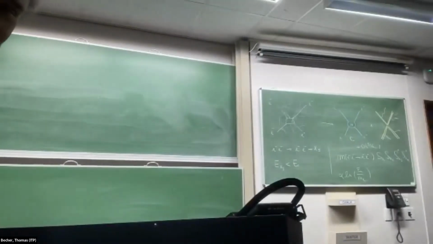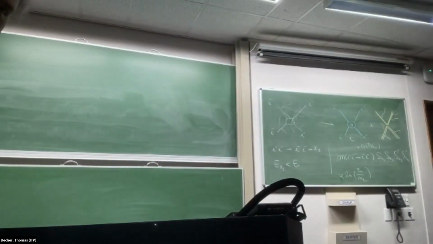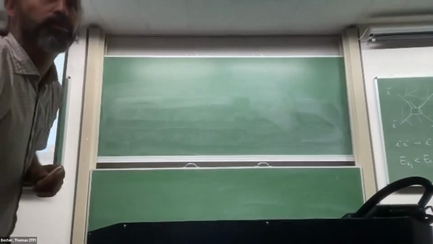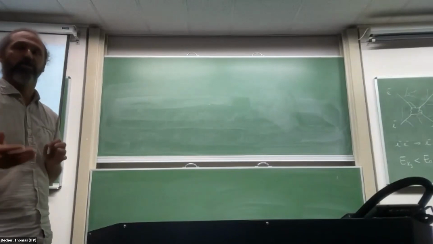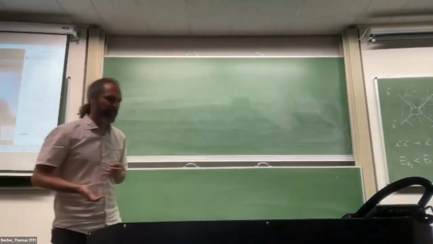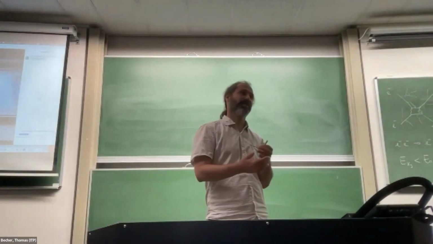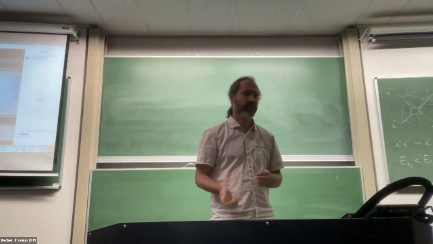So this was the stuff we did yesterday with the factorization, and we should discuss loop diagrams and what it means to do this type of expansion for loop diagrams. And this is where different momentum regions and all this stuff comes in.